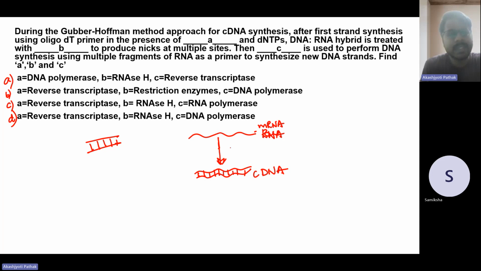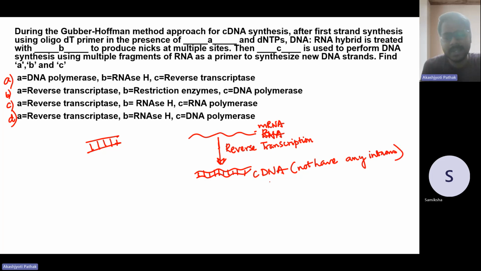So you can use the reverse transcriptase enzyme to synthesize a DNA sequence from the mRNA. This complementary DNA will not have any introns in it.